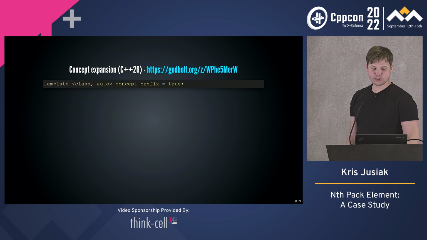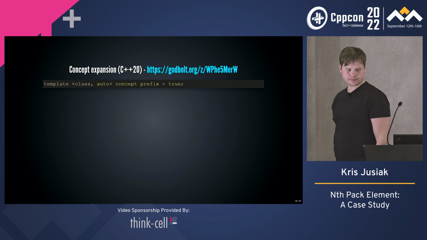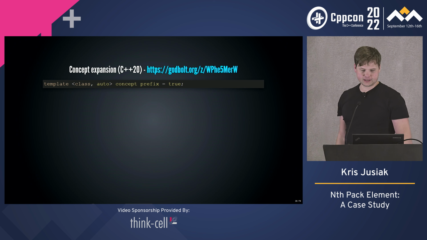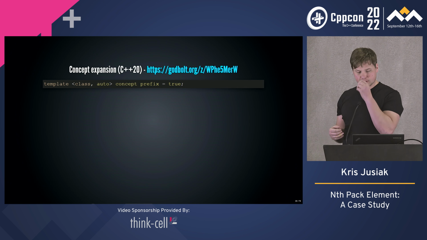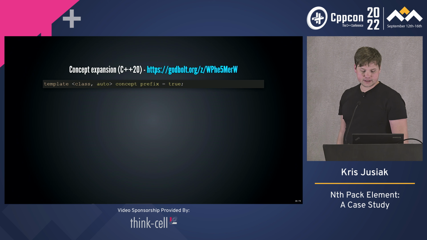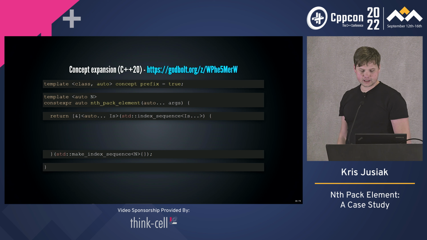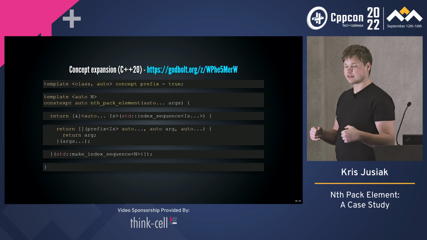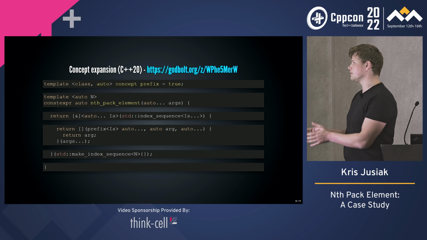Okay, so a very similar solution to what we actually had before. With C++20, we can do that with concepts. So we have a concept which is just always true. It doesn't really matter. It takes the type and the ID, because we need that concept only to expand over it, and with the terse syntax over the pack element. So we go through all of them as before. And the idea here is that the prefix is the concept, right? That's the terse syntax, when you have a concept, then the auto, then the name.